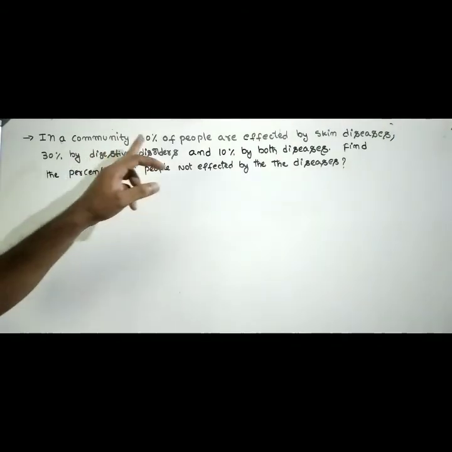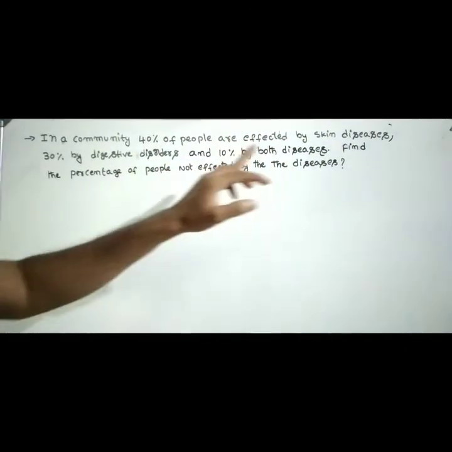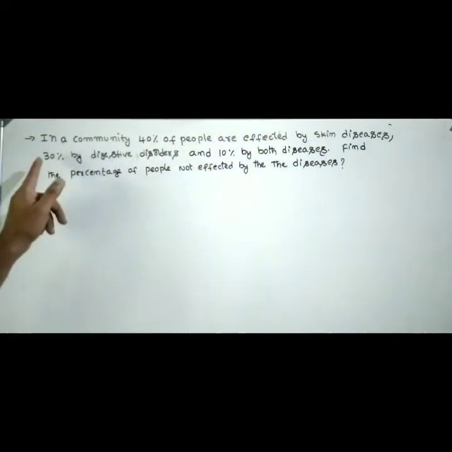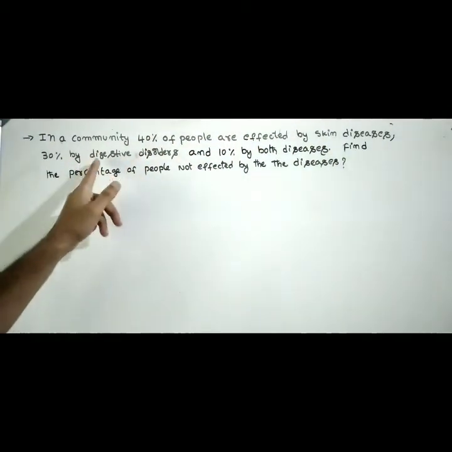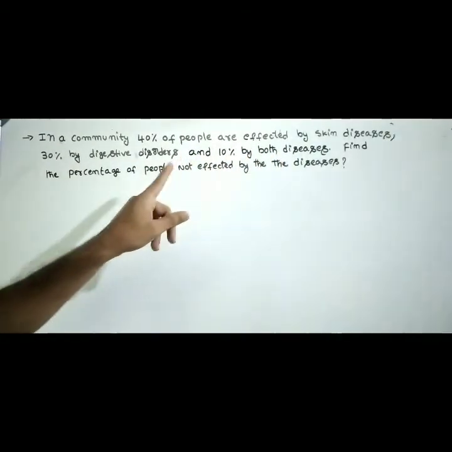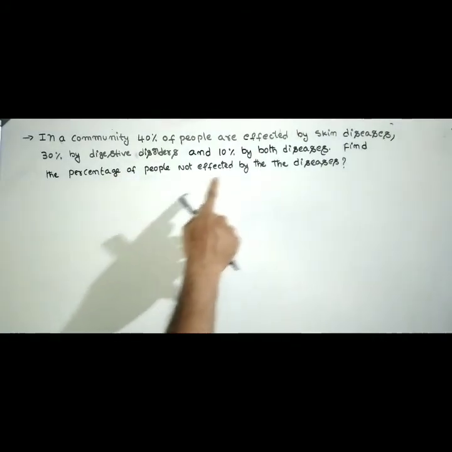In a community, 40% of people are affected by skin diseases. That means 40% affected by skin diseases and 30% affected by digestive disorders and 10% by both diseases. What is he asking? Find the percentage of people not affected by both the diseases.